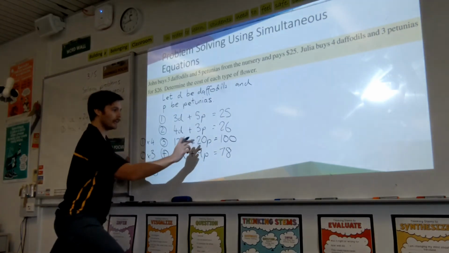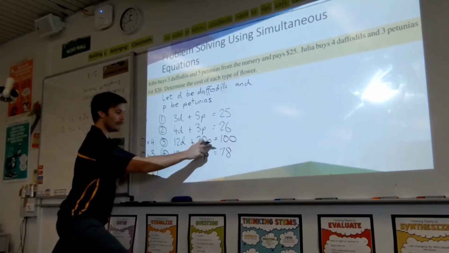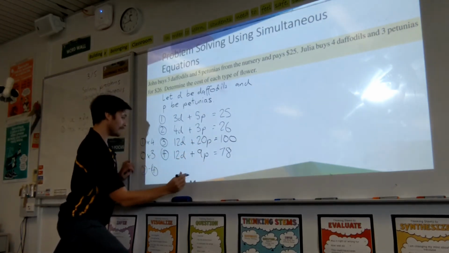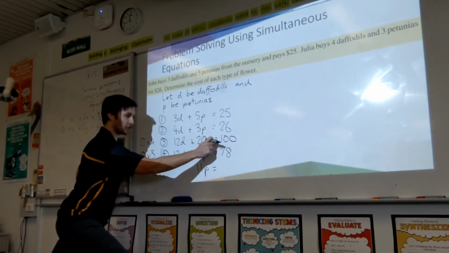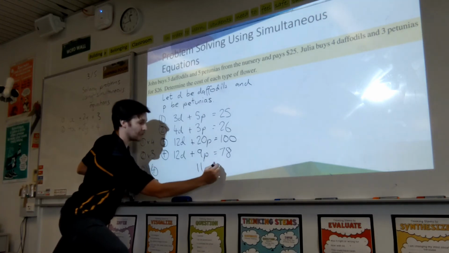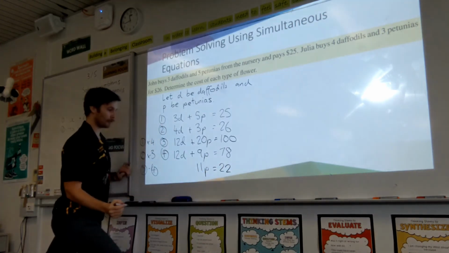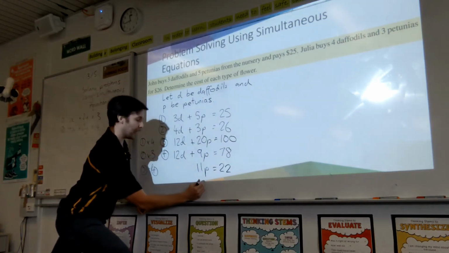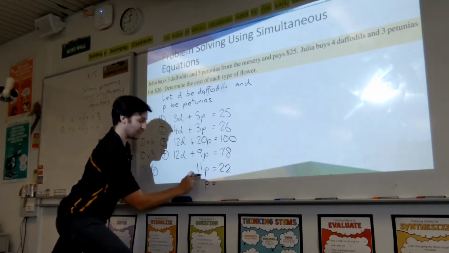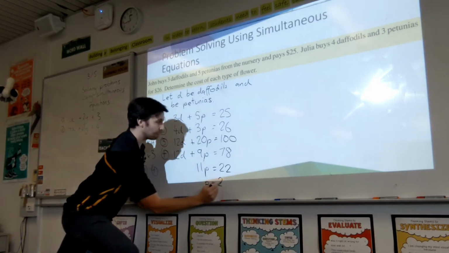That's eliminated. 20P take away 9P is 11P. And 100 take away 78 is 22. I've nearly run out of room, but that's fine. So P is 2. Very good. So I've divided both of those by 11.